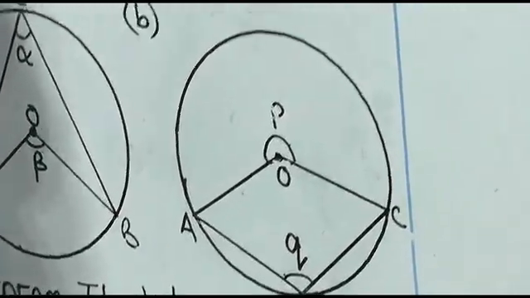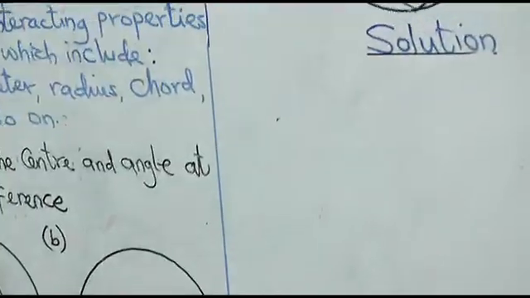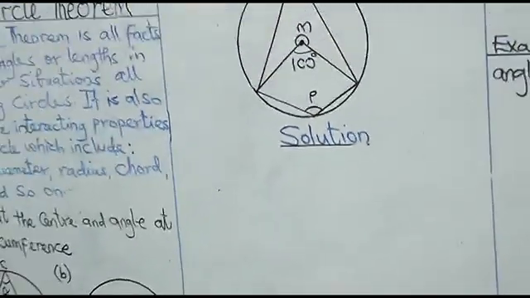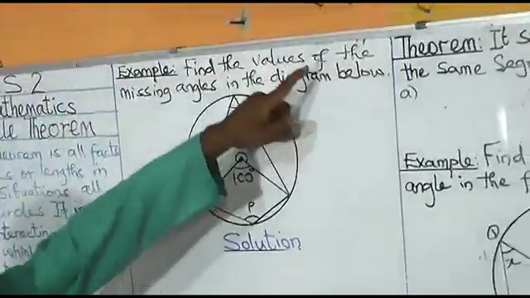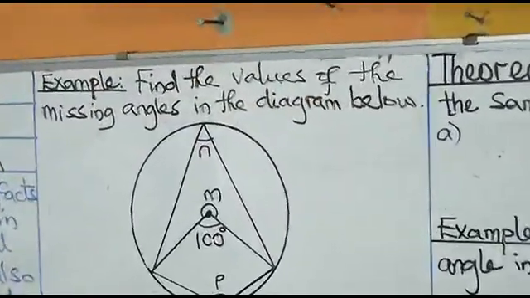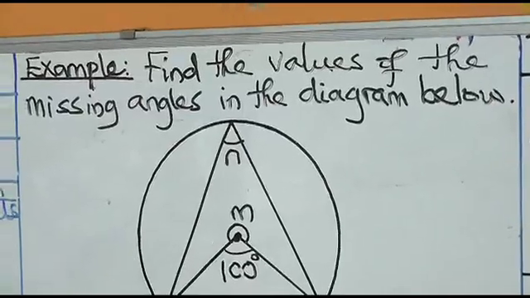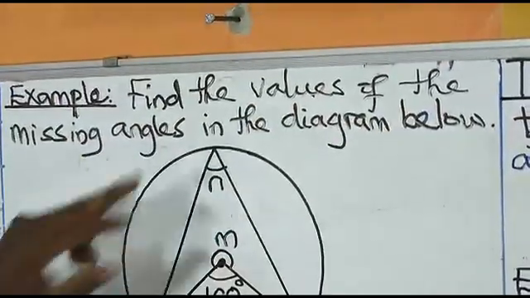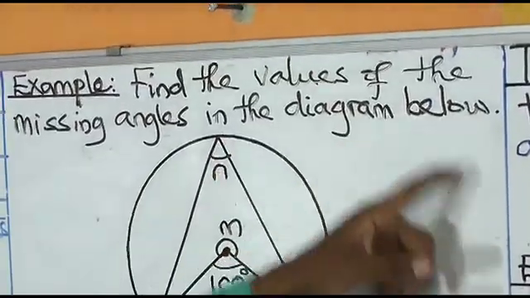Now let's see an example to illustrate the first point here. It says: find the values of the missing angles in the diagram below.